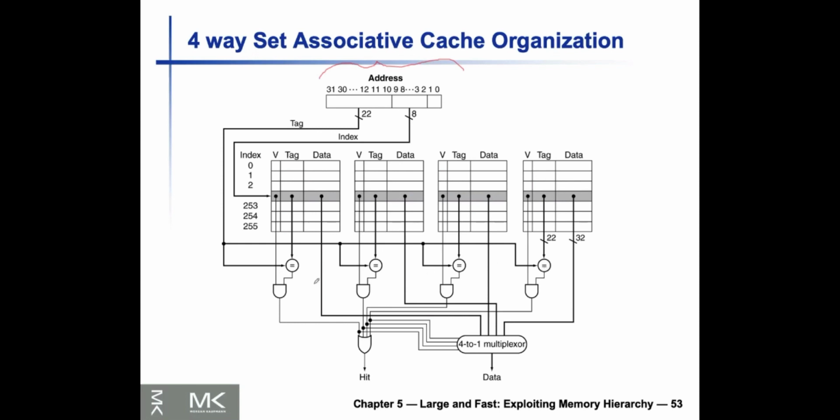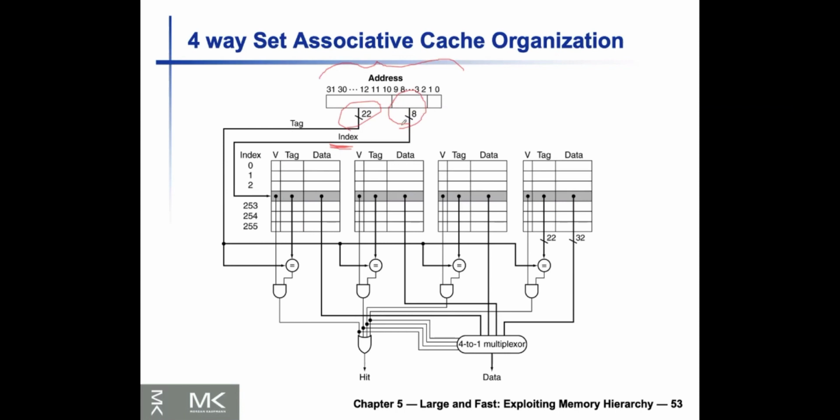Either of these 4. And the cache access consists of indexing the appropriate set, because we need to. So this portion is going to give us the index. This portion out of this 32, 8 is going to give us the index. 22 is going to give us the tag, and this 0 and 1 was actually the offset.